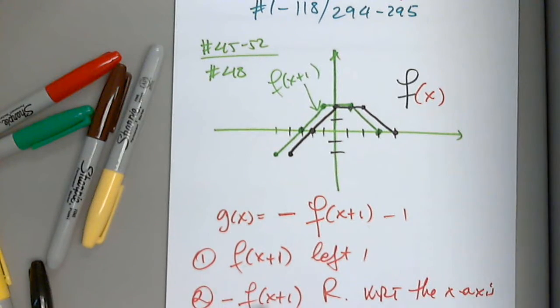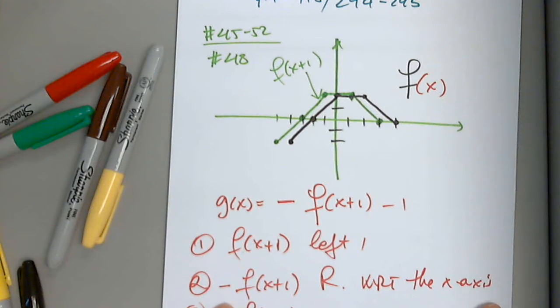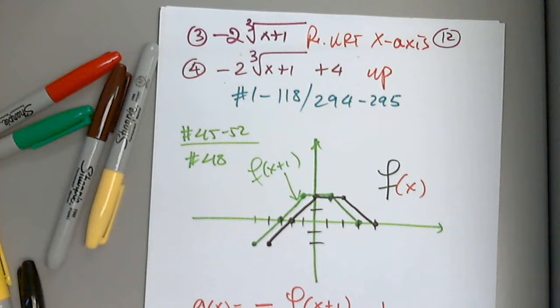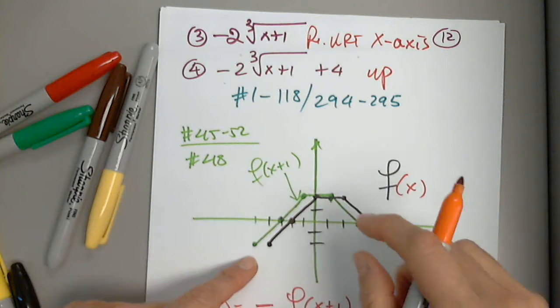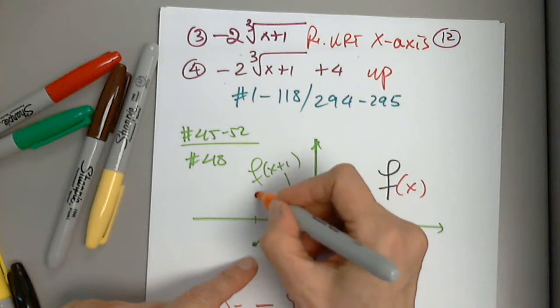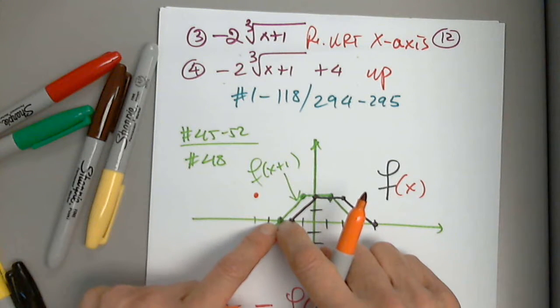Then you told me to take this green graph and reflect it with respect to the x-axis. So here's what we do next. This is at negative 2. Where does it go? Exactly right here. This point is at 0. Where does it go?